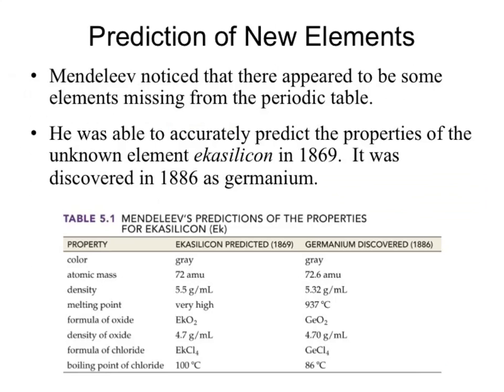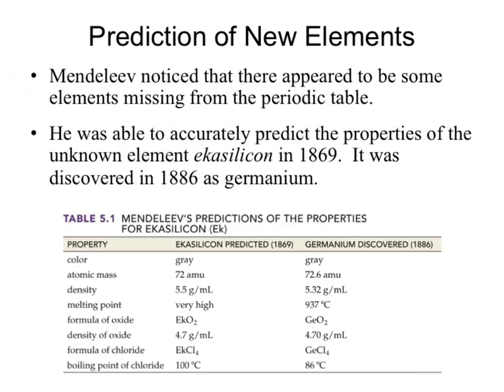He knew the melting point. Okay? He knew how it would react with oxygen. He just hadn't actually discovered it yet. Okay? Give it, what is that, 18 years later? 17, 16? A number less than 20 years later? They end up discovering germanium. Where's germanium on the periodic table?